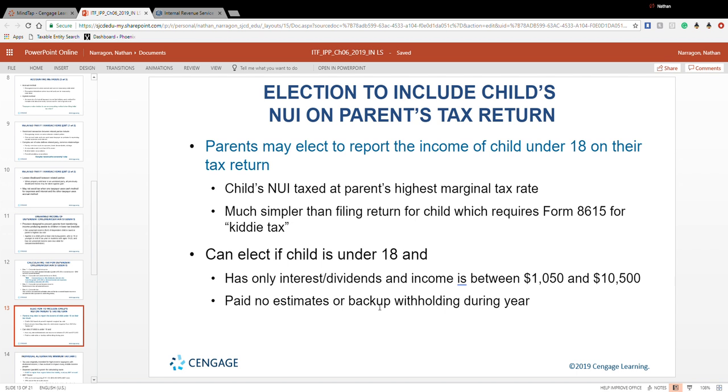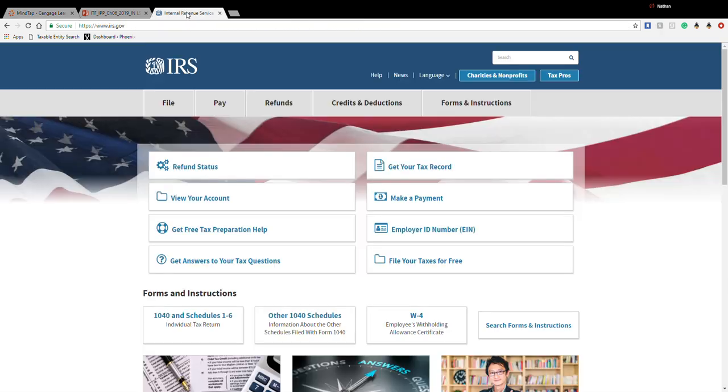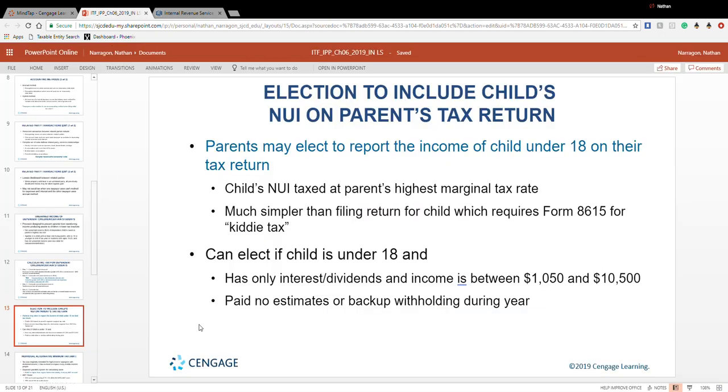They like to do this because it's much simpler than filing a return for the child, which requires form 8615. As you just saw in the book, this is all that really needs to be required. You don't have to do another return just for the child. You can just do it here because it still ends up being the same tax rate. I know, they just mess with you.